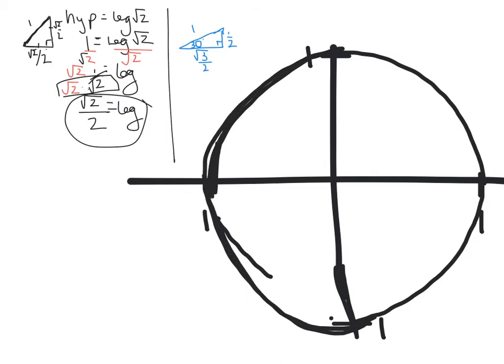So, our unit circle is going to be split up in all sorts of different segments based on 45-degree angles, 30-degree angles, and 60-degree angles.